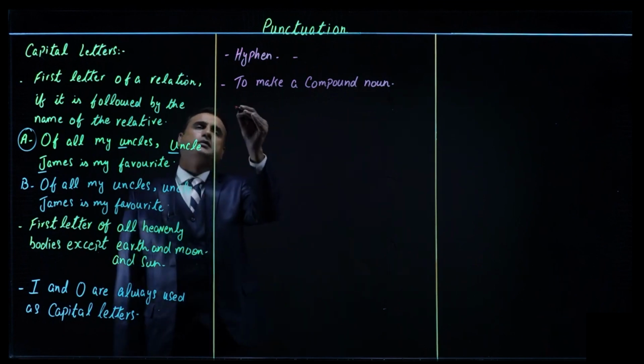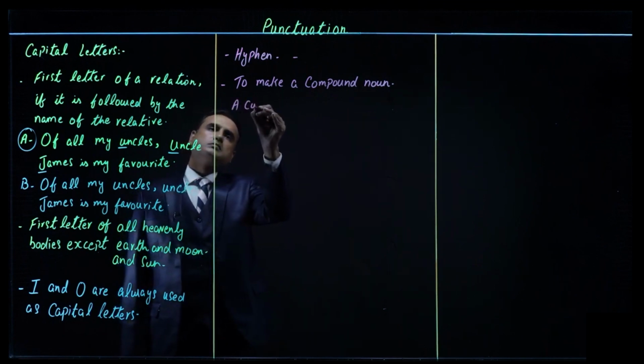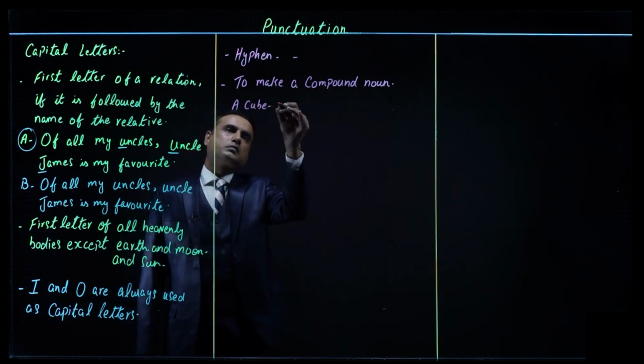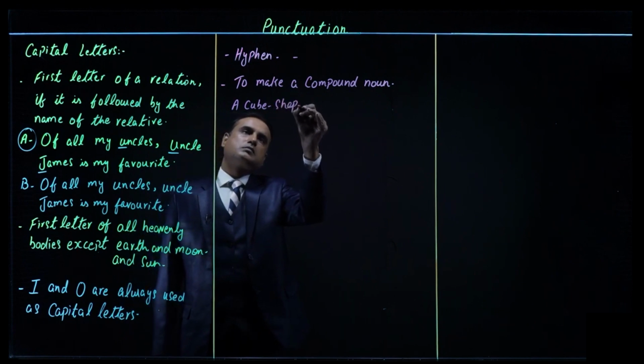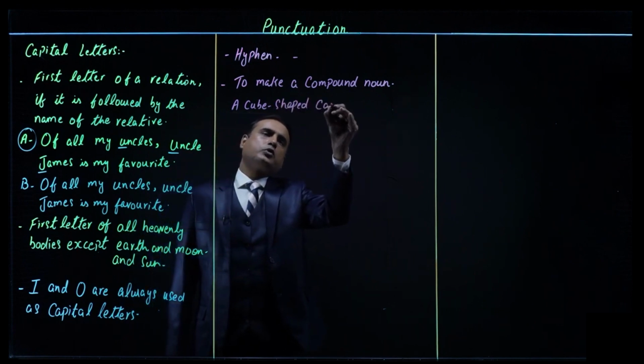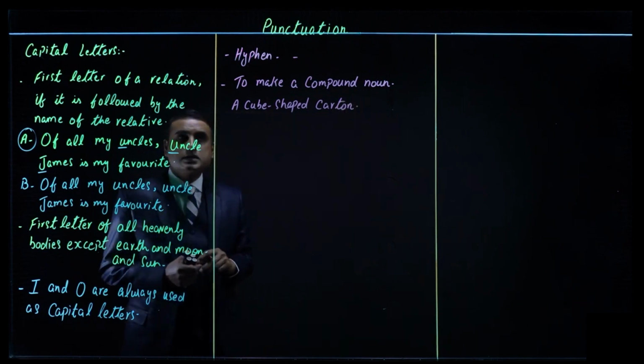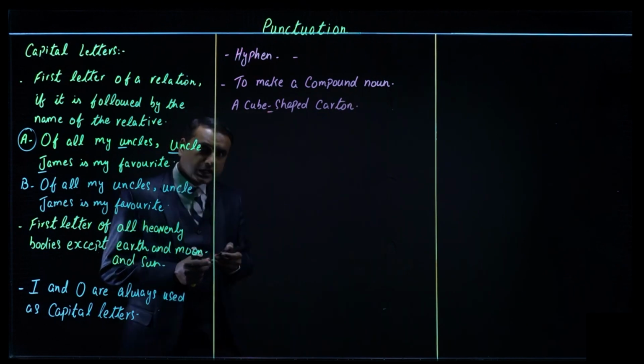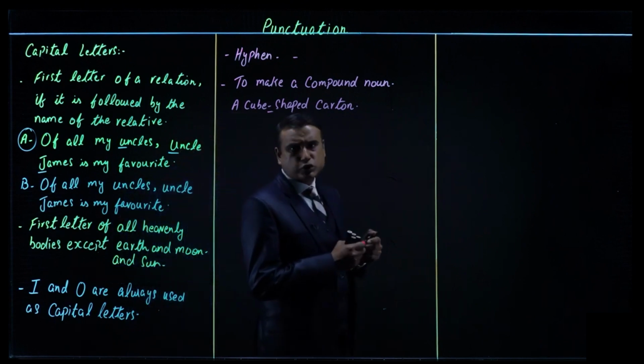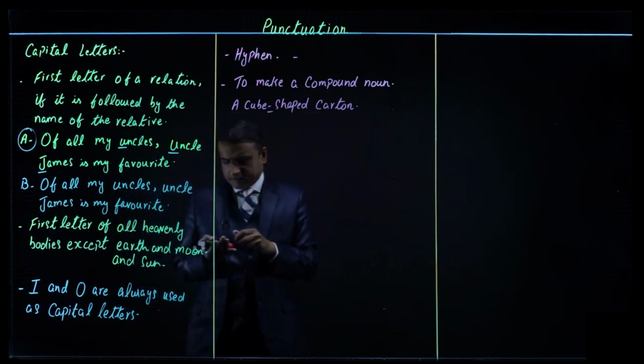For example, मैं कहूँ a cubed-shape carton. So this is actually the hyphen. So इसके लिए इसको इस्तेमाल करते हैं.